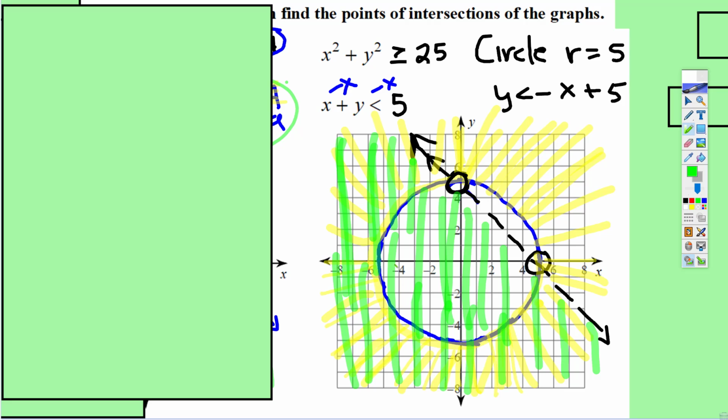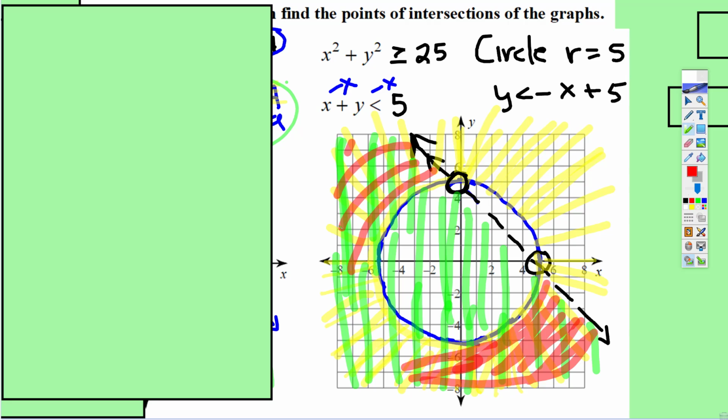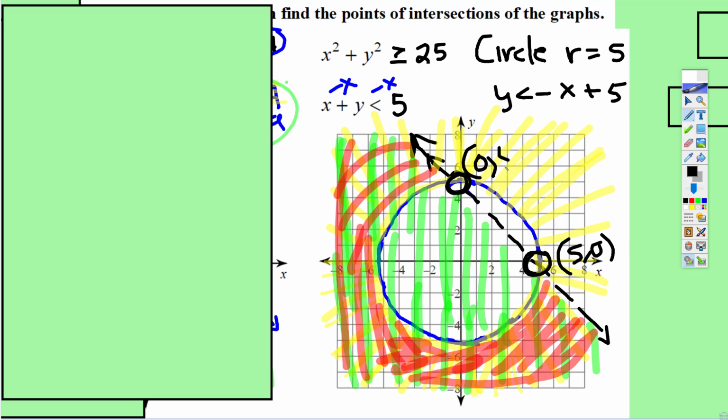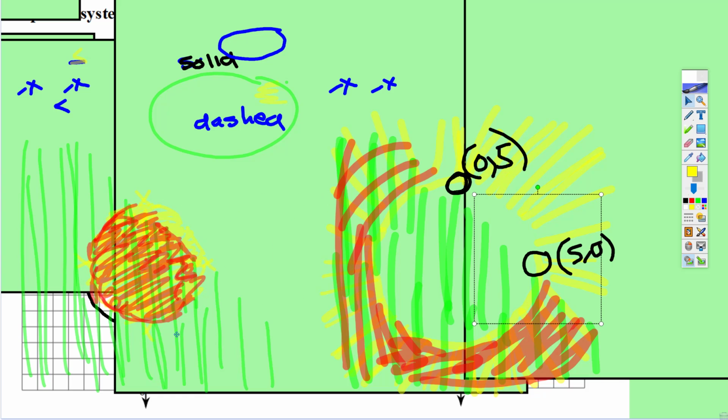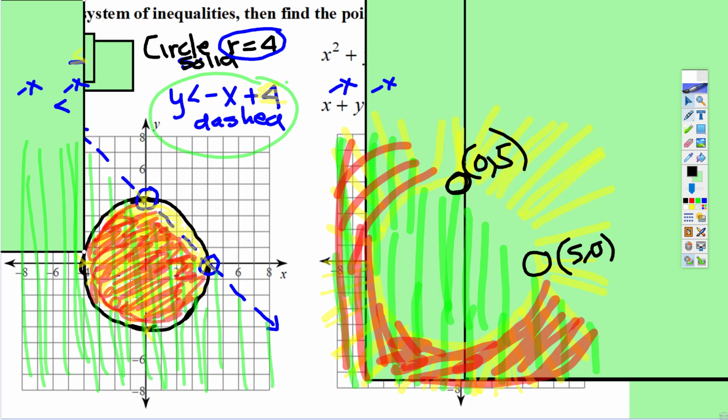The solution set looks something like this. The thing I forgot to tell you is where the two lines intersect. Right there at 5, 0 and at 0, 5, you need to make sure you mark those points. On the other one, it's at 4, 0 and at 0, 4.